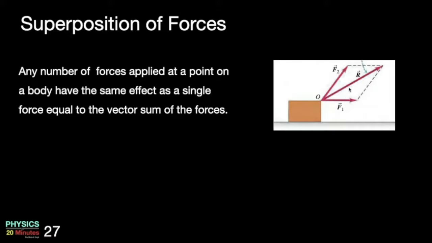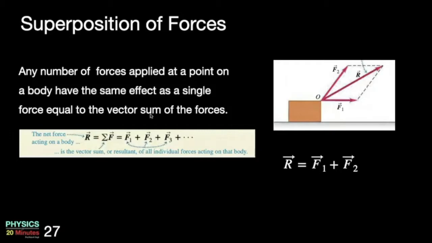I can replace F1 and F2 completely by R. Even if this force works, it will produce the same impact on the body. So in vector language I would call it vector R equals vector F1 plus vector F2. These are just two forces, but if there are more than two forces, even then that principle applies. Vector R equals sigma F, which equals F1 plus F2 plus F3 plus and so on.